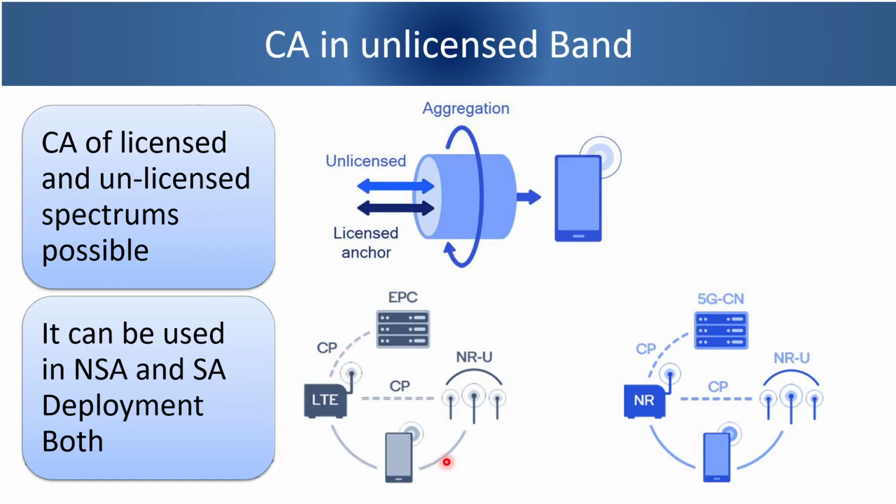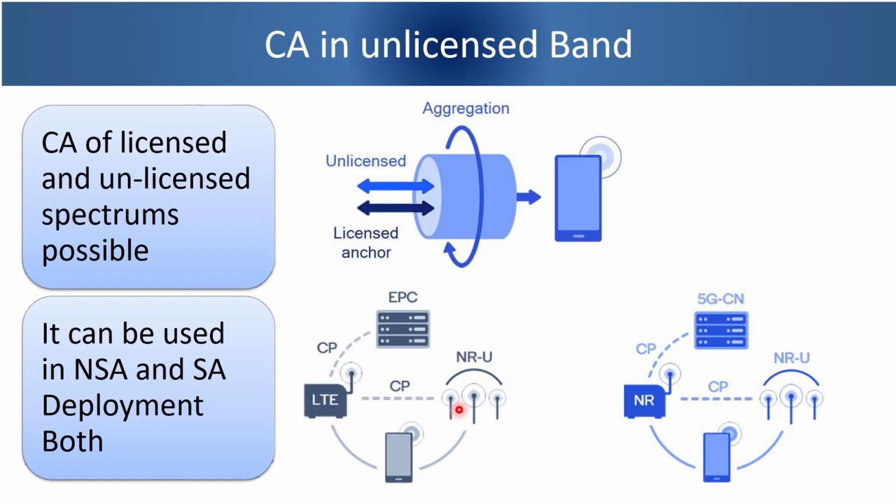In this example, this is an NSA, non-standalone deployment, where you have a 4G network, 4G radio, LTE, and Evolved Packet Core. But you have also deployed new radio, and the new radio is deployed in unlicensed band. So this NRU is anchored with LTE.